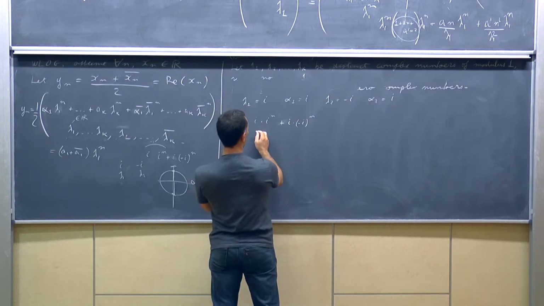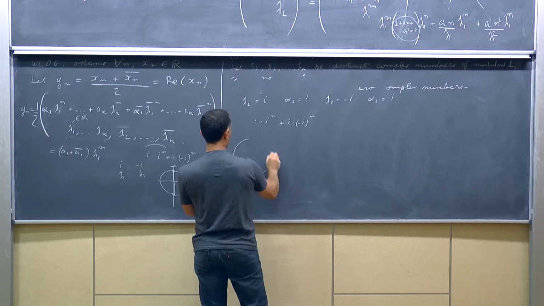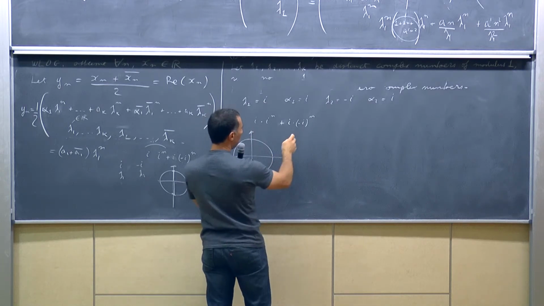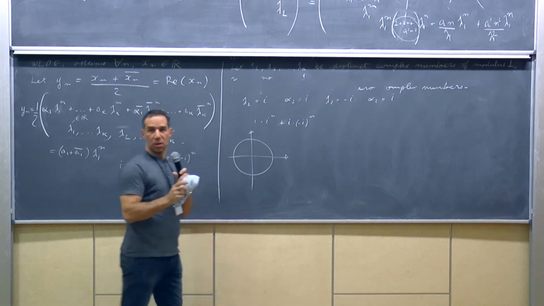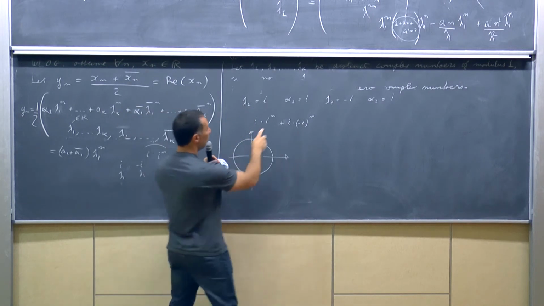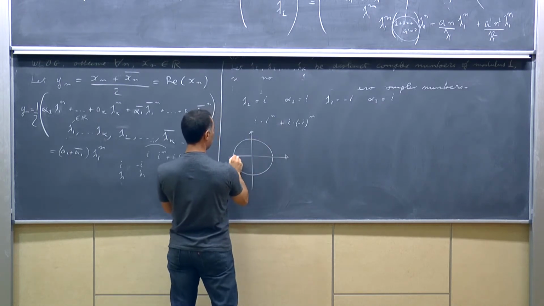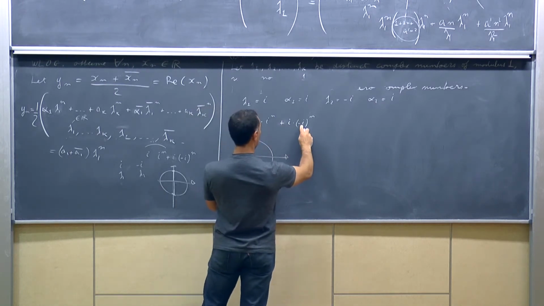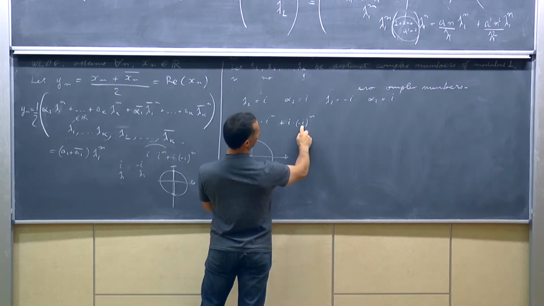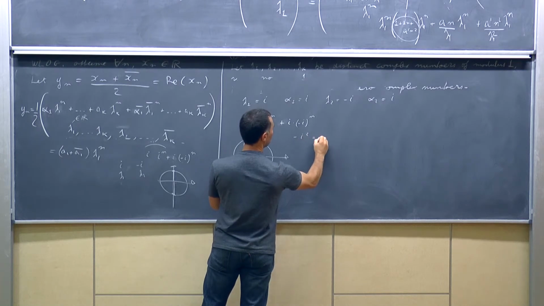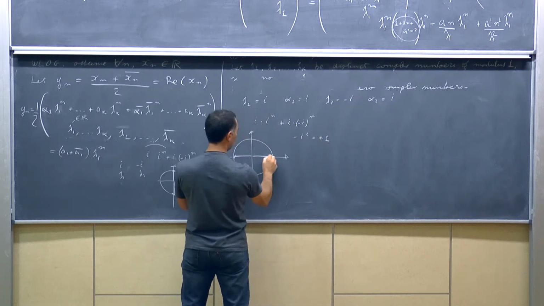So when n is 1, let's just look at when n is 1. You've got I times I, you've got minus 1 here, and you've got I times minus I, which is minus I squared, which is minus 1, which is plus 1. So you get 0.